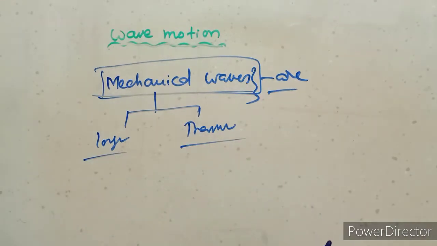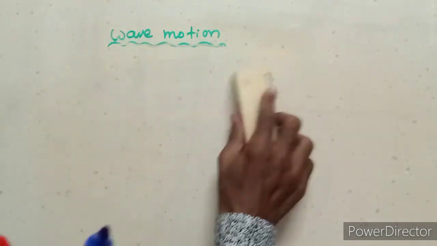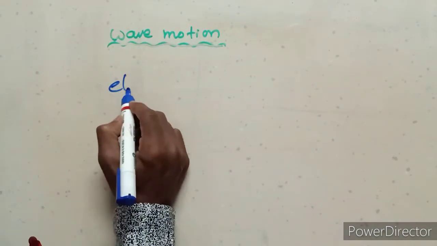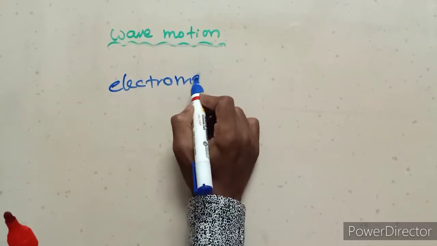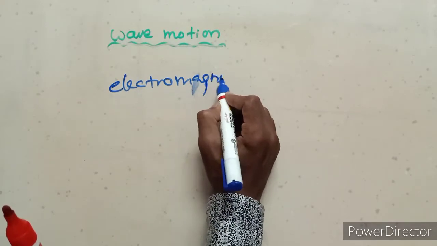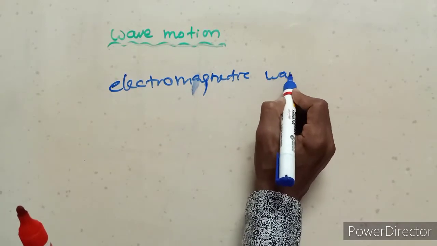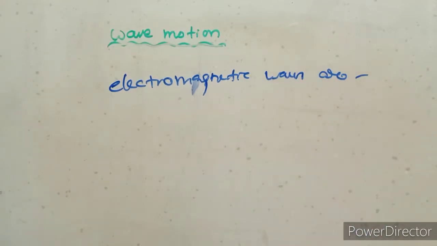Mechanical waves are longitudinal and also transverse waves. But electromagnetic waves are transverse waves. Electromagnetic waves are transverse waves in free space.